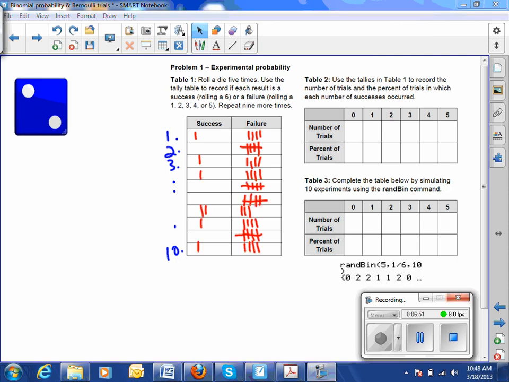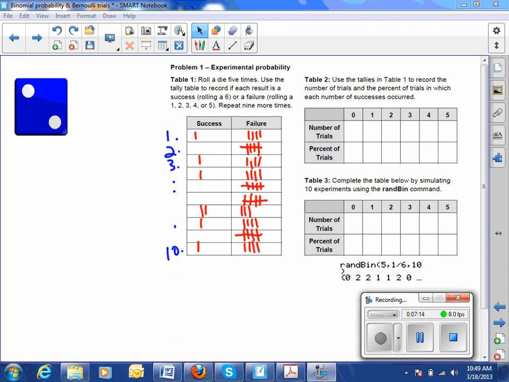Alright, so for table 2, what we'll do is record the results from table 1. So we're interested in the number of experiments where, let's see, they want trials or experiments. Yeah, I think that should say number of experiments instead of number of trials.